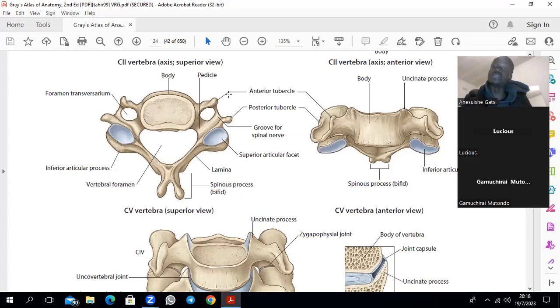Right. That means there have to be articular facets. That means we have superior articular facets, then we have inferior articular facets. Right. For there to be a normal articulation. So we need to know the shape of these articular facets.